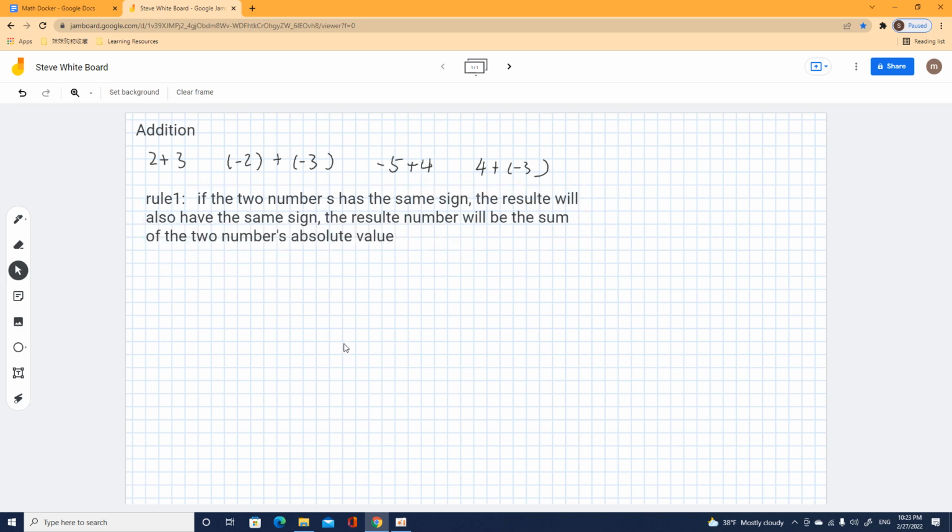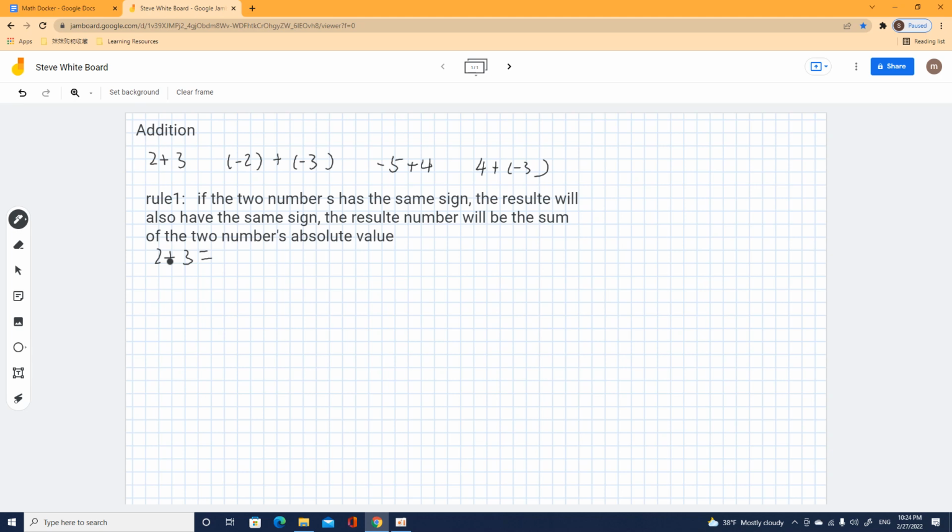For example, in order to calculate the sum of 2 and 3, you can see these two numbers, 2 and 3, both have the positive sign. So that means the result sign must be positive.